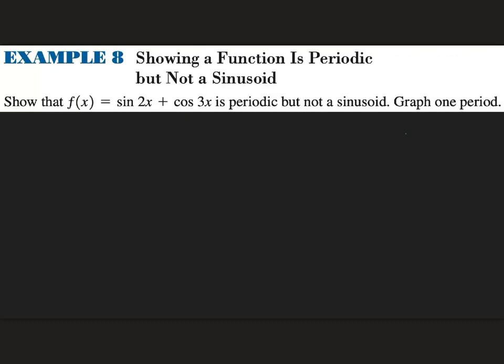Okay, show that sine 2x plus cosine 3x is periodic but not a sinusoid. All right, so let's look at this example here. We know that 2 pi divided by 2 is equal to pi, and 2 pi divided by 3 is not equal to that. So because the periods aren't the same, this is not a sinusoid.